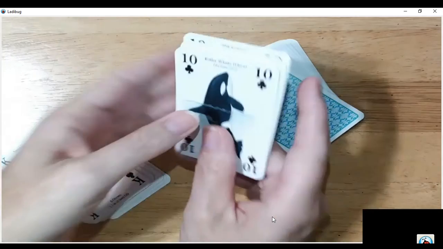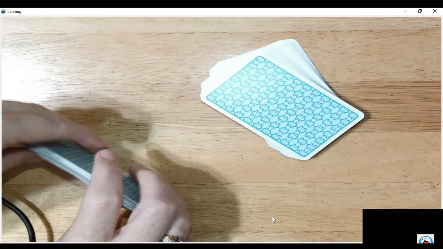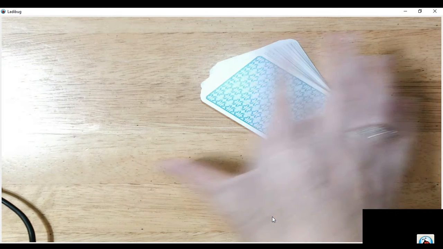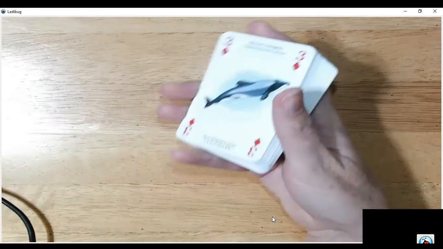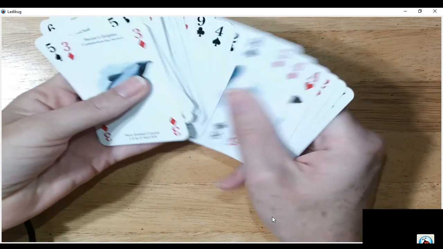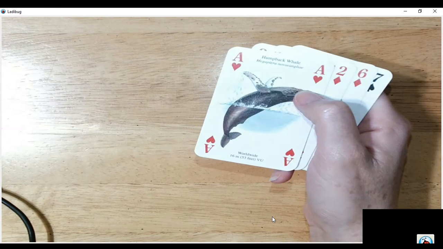Okay, so pause the video, do what you need to do. Take out the face cards, the jokers, and the tens. So that leaves you with your digits 1 through 9. So aces are going to represent the number 1.